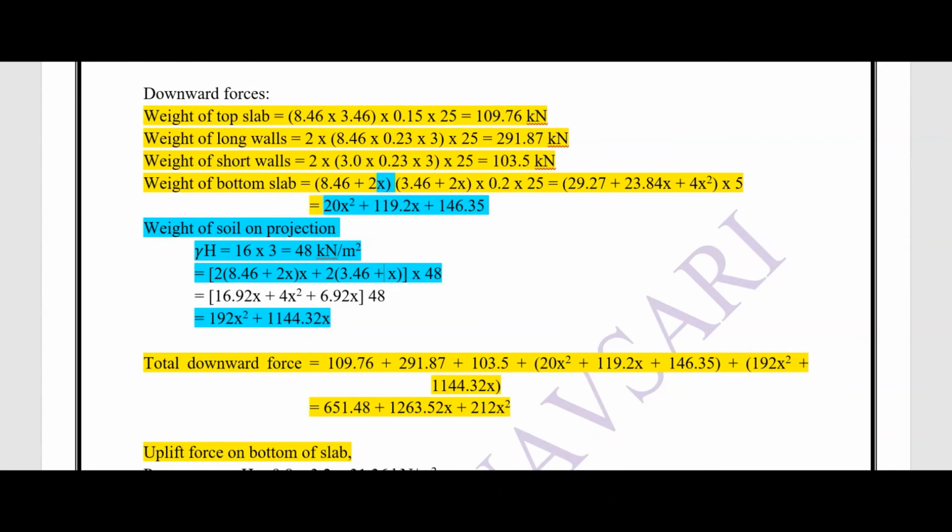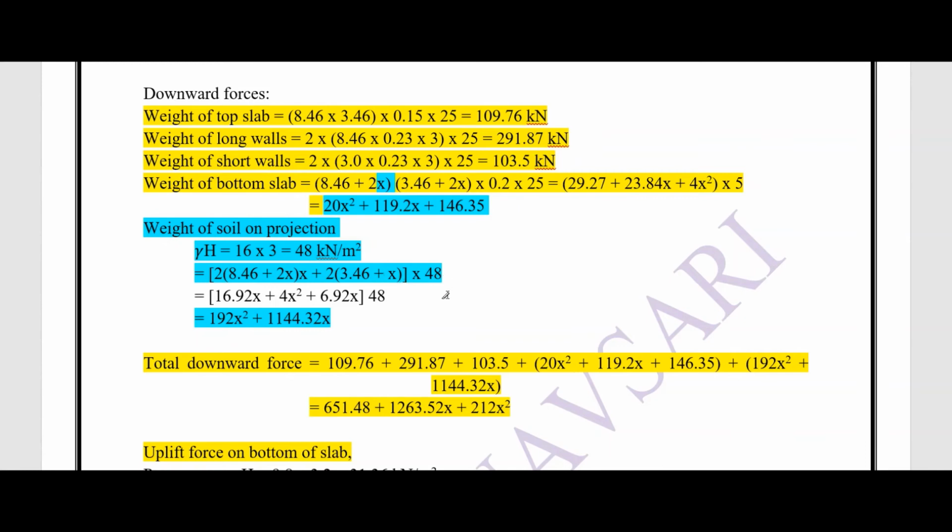Now we calculate the weight of soil on the projection. So gamma W into 60.3 into 48 kilonewton per meter square. But at the periphery of the base slab, 2 into (8.46 plus 2x) as well as 2 into (3.46 plus x) into 48.